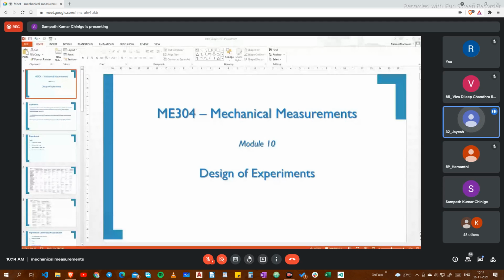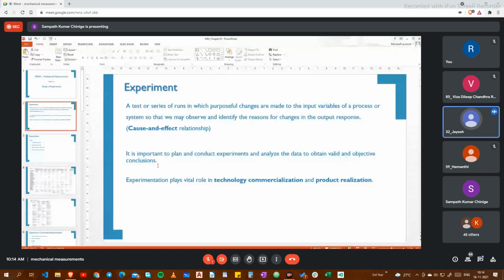Excuse me, sir. Just to confirm, you aren't changing the slide now? I'm not changing. I'm in the second. So are you not seeing experiment? No, sir. What is the title? We are on the first page, Design of Experiment Module 10. Don't know why this happens. I'm actually changing the slide. So now what is it that you are seeing? Yes, sir. Now we are seeing it, experiment. But when it comes to here, now it is not changing, right? No, we are seeing the experiment page only.